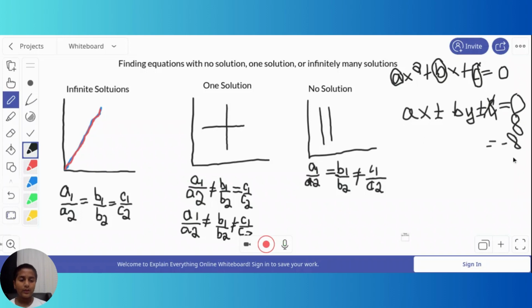So since this is positive 8, to bring it to the other side of the equation to make it a constant, that's going to be negative 8.